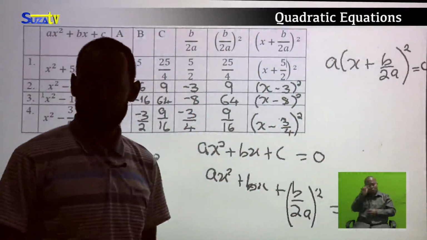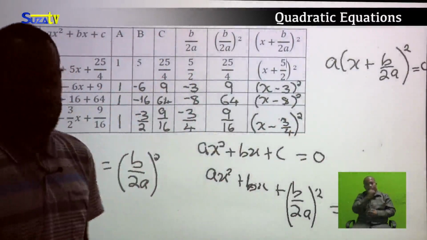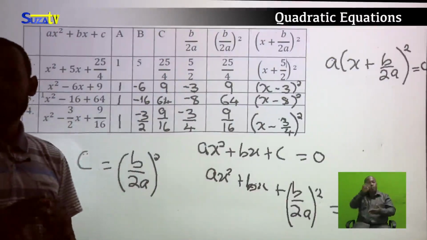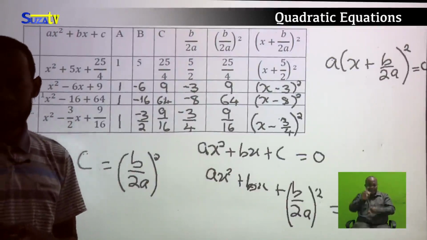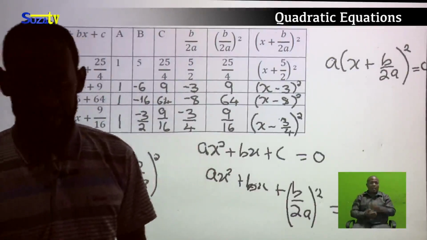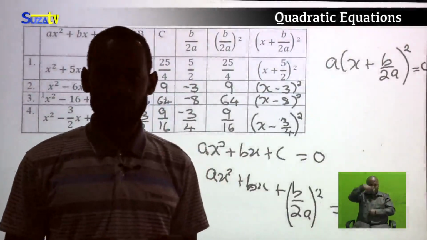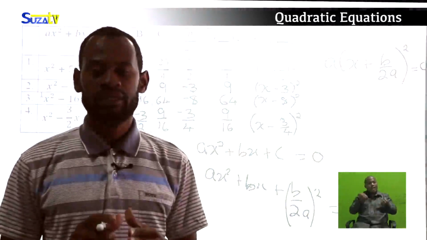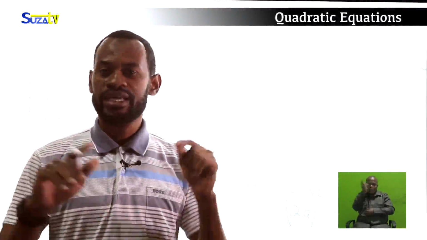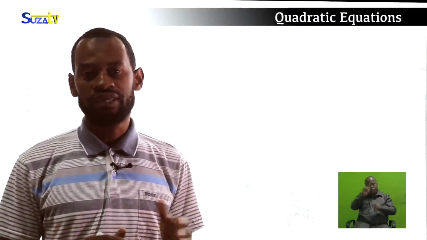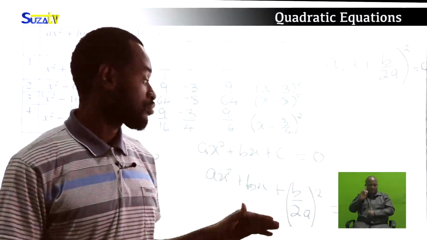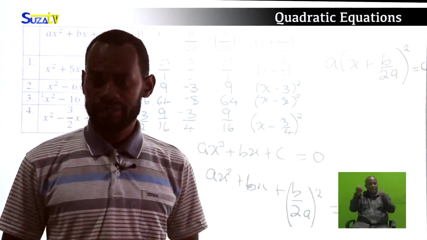So from here, what have we learned? We have learned that if you want to make any quadratic expression a perfect square, we are supposed to add b over 2a squared to both sides to make it a perfect square.